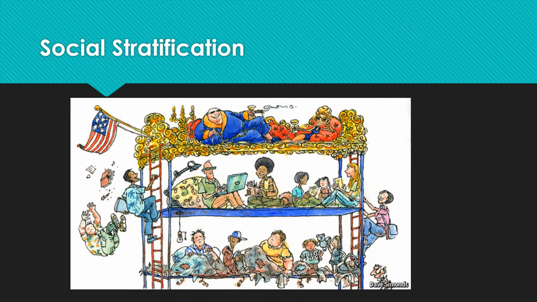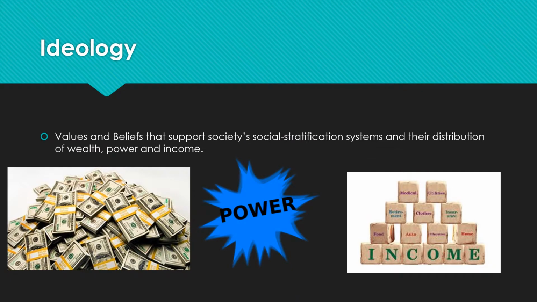And a third central concept we'll look at is ideology. These are values and beliefs that support society's social stratification systems, what we just showed before, and their distribution of wealth, power, and income. As you can see, I have the picture here depicting wealth, people having lots of money, power, and then also income and what goes into income.